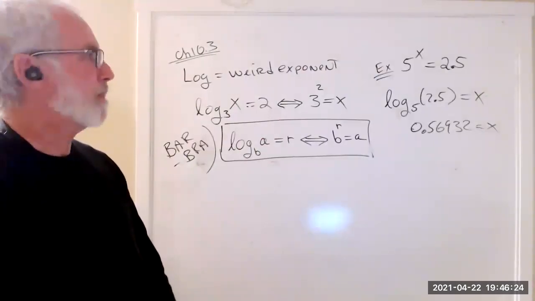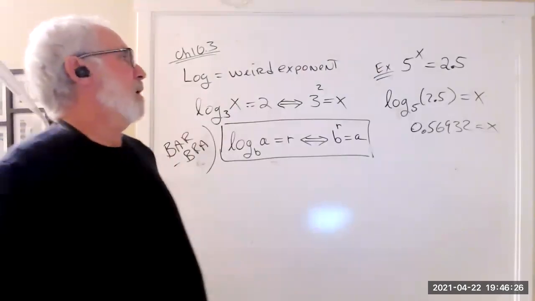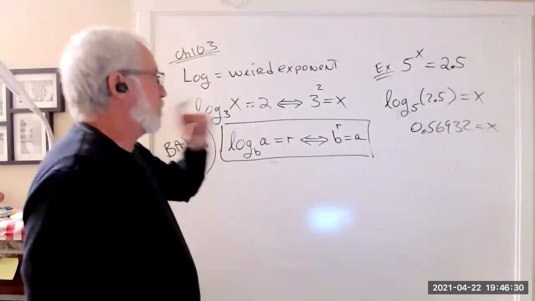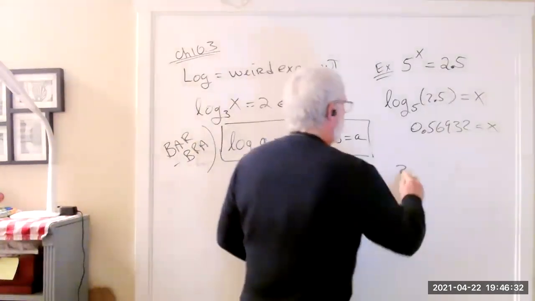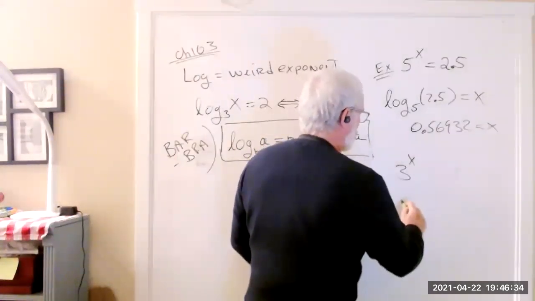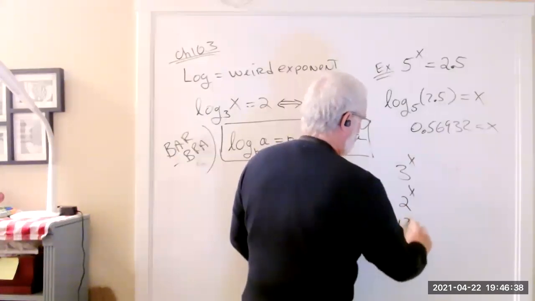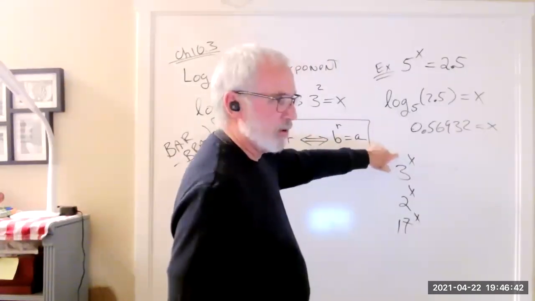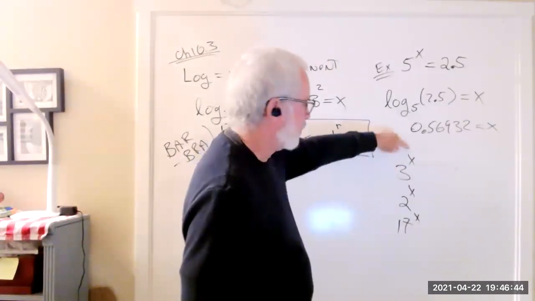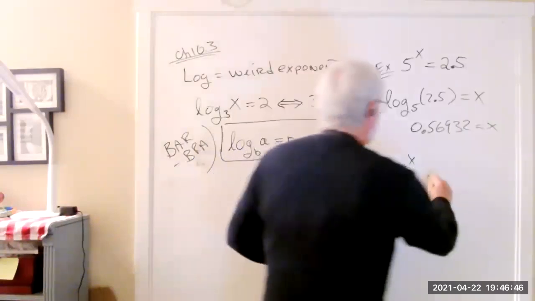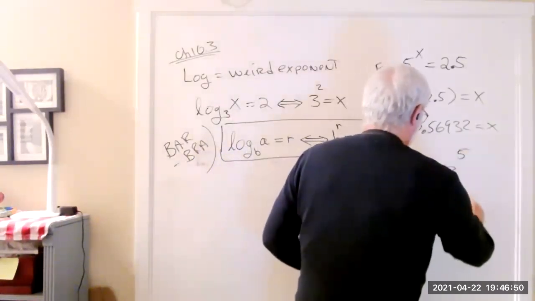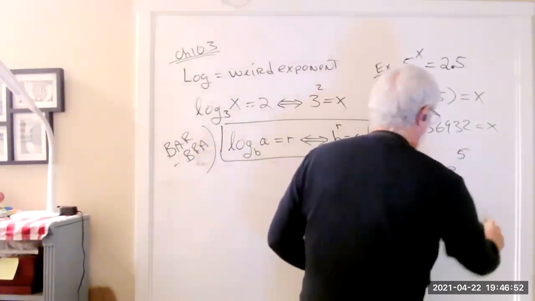What does base actually do to the equation? Well, what does base do to an exponent? 3 to the 5, 2 to the 5, 17 to the 5?